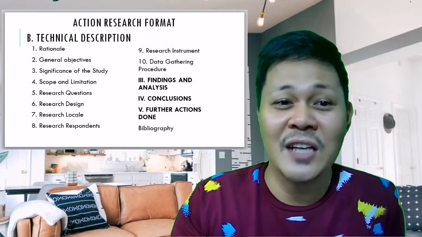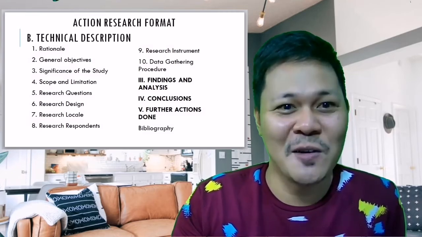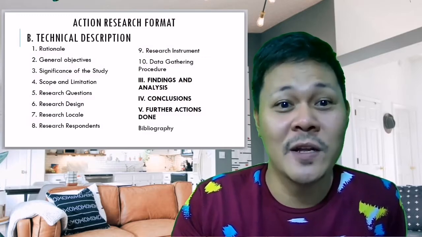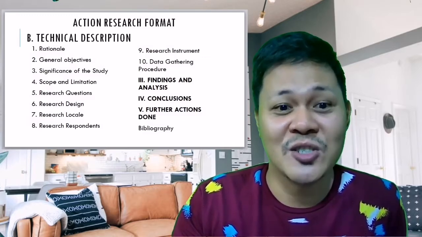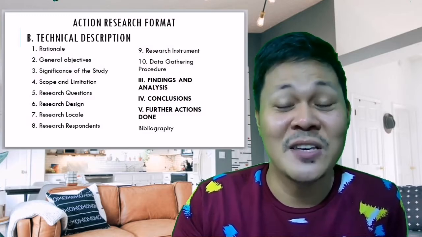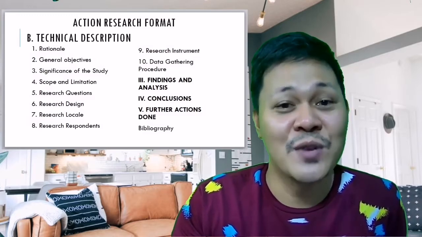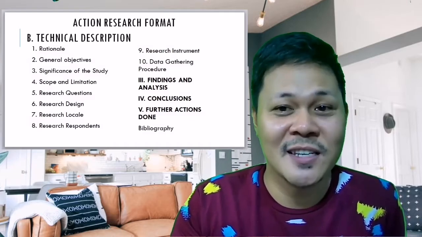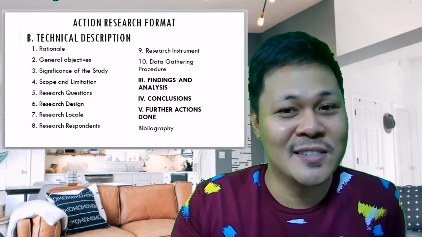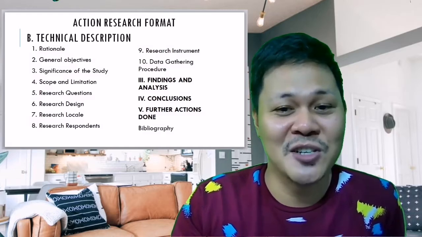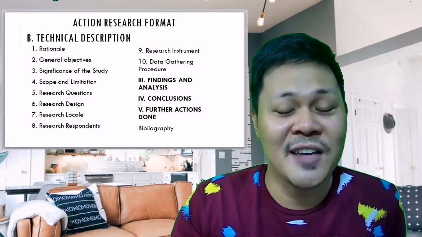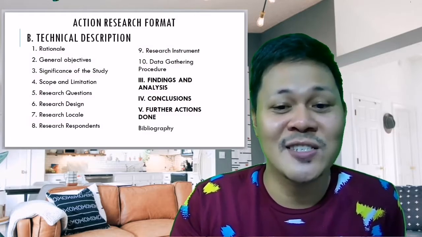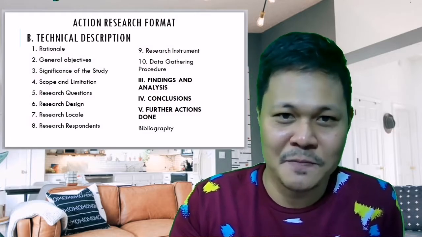You have the rationale, general objectives, significance of the study, scope and limitation, research questions, research design, research locale, research respondents, research instruments, data gathering procedure, findings and analysis, conclusions, further actions done, and bibliography.